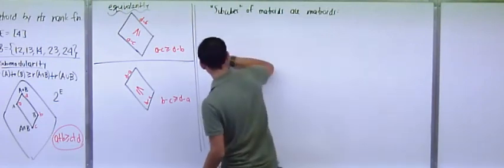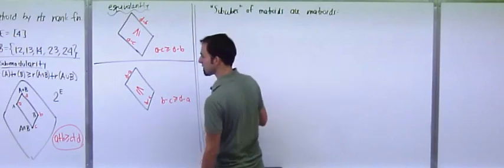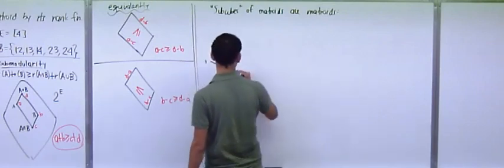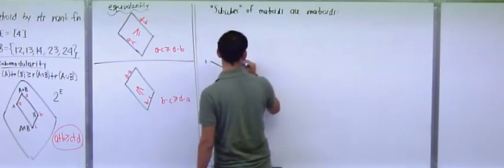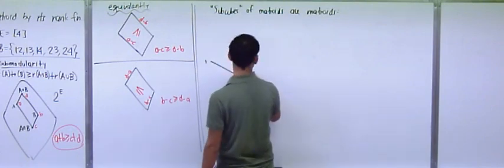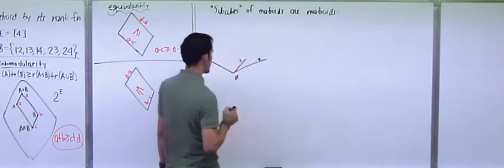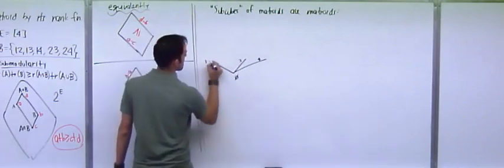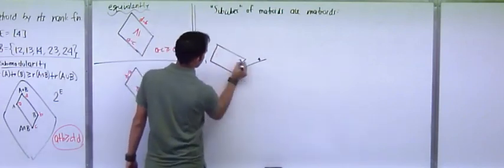Empty set, 1, 3, 4. These guys are going to determine a cube, which is going to look kind of like this.